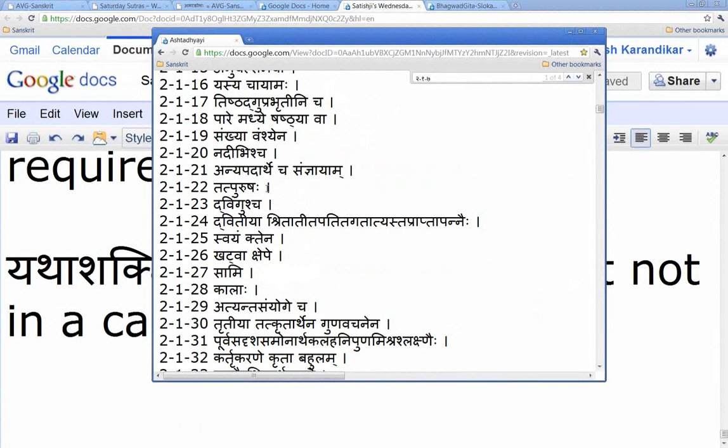If you think you have a Tatpurusha compound, try to leave out the Purapadam and see if you can get the basic meaning of the compound with the Uttarapadam. One more time: take only the Uttarapadam and see if you can form a sentence with that part only.